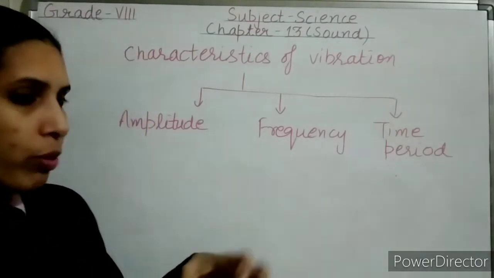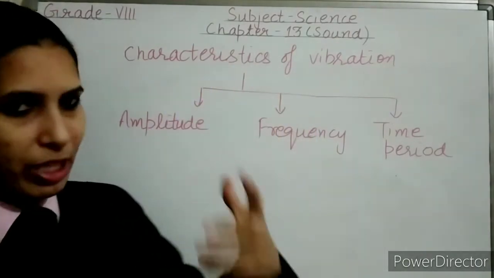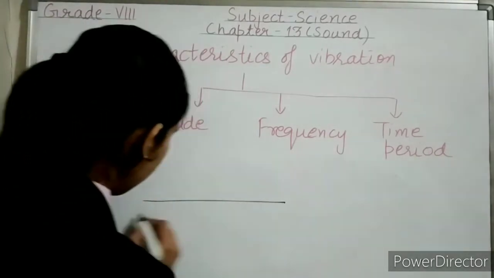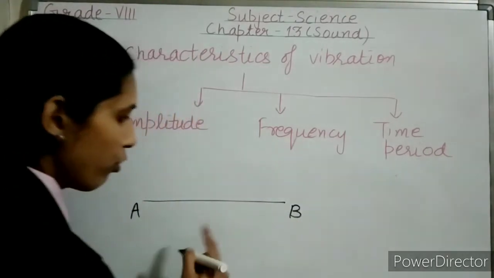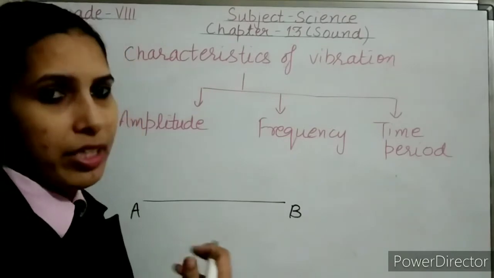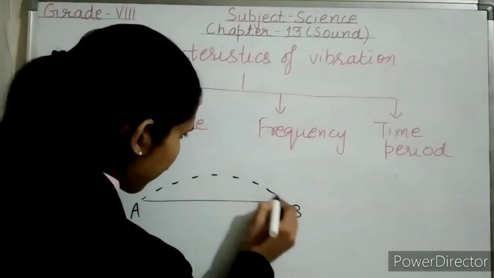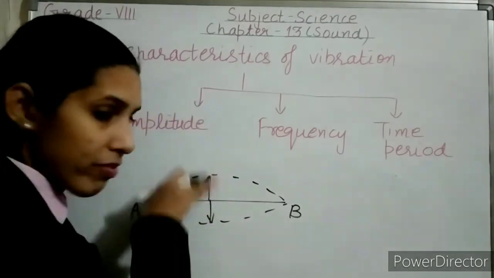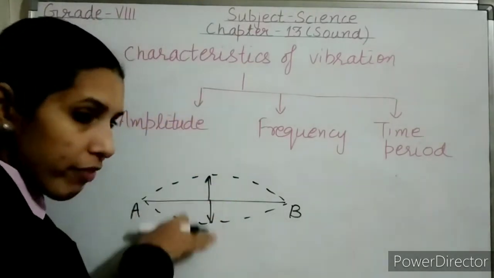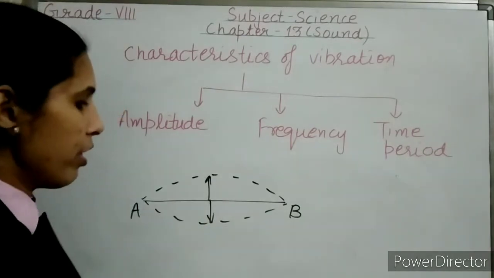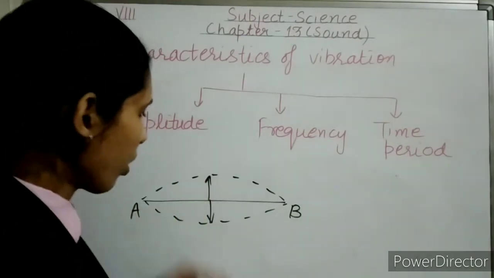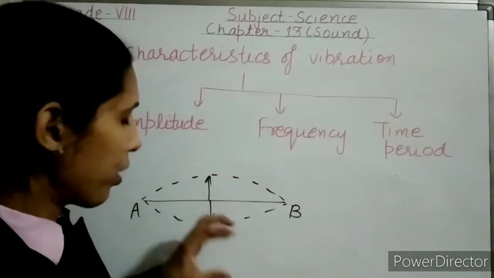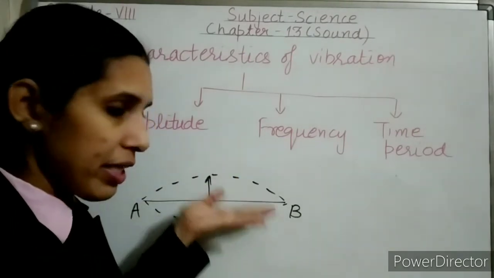Let's understand these characteristics of vibration taking the example of a string. For example, this is a string AB and it is vibrating like this, to and fro, up and down.